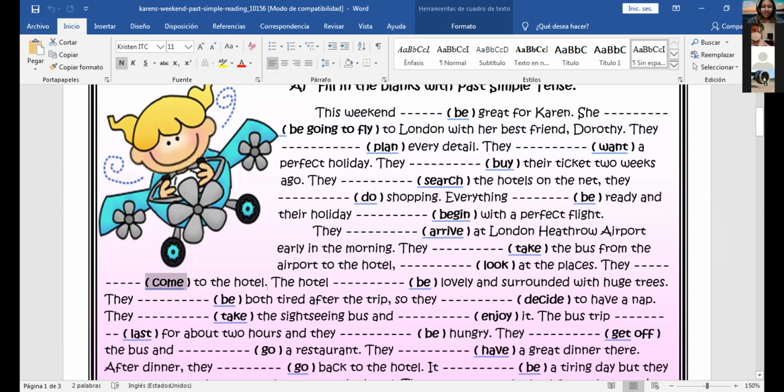The hotel was lovely and surrounded with huge trees. Surrounded. One more time. Repeat.